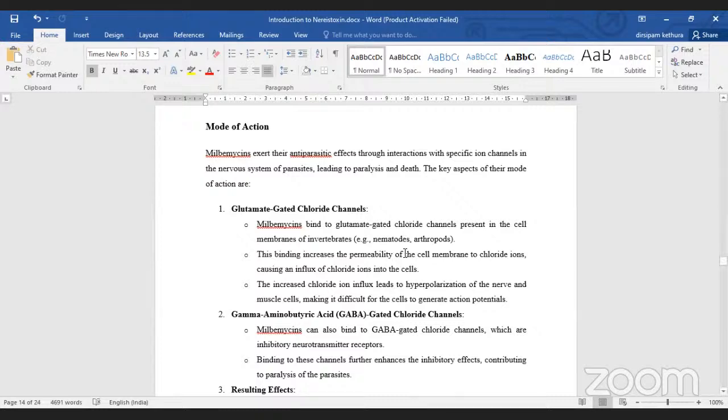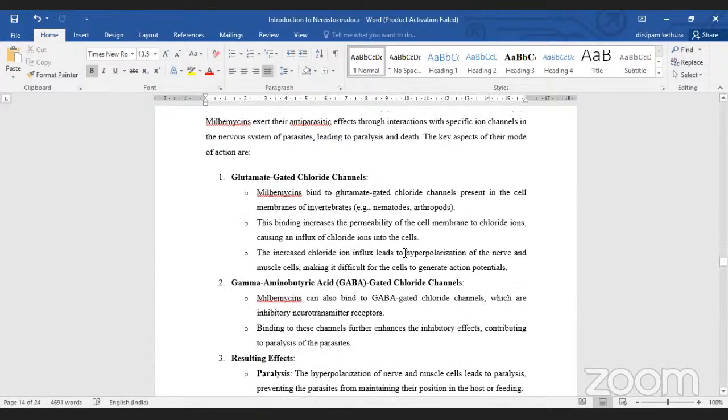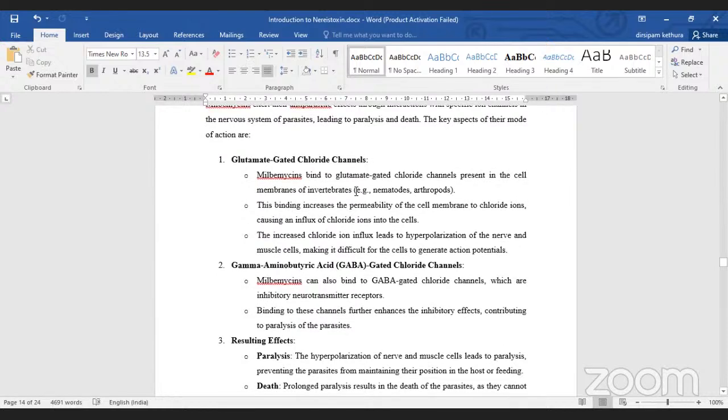And coming to the channels, how it shows its interaction. The first one is the glutamate-gated chloride channel. As an introduction, I have given you the idea about the gated channels, where a ligand comes and binds to the receptor to activate the cell.